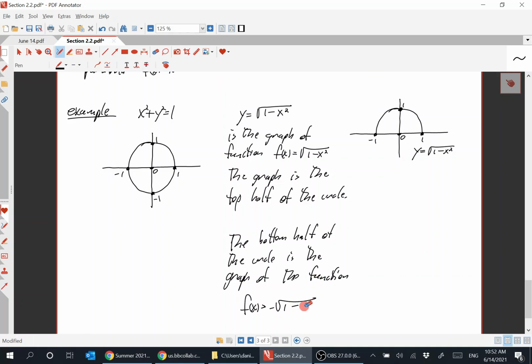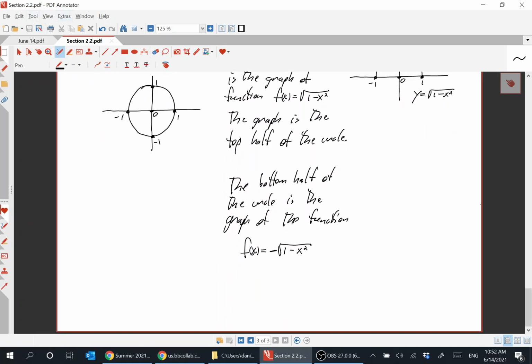Okay? So some things that we know how to graph already, just sort of recast into function form.